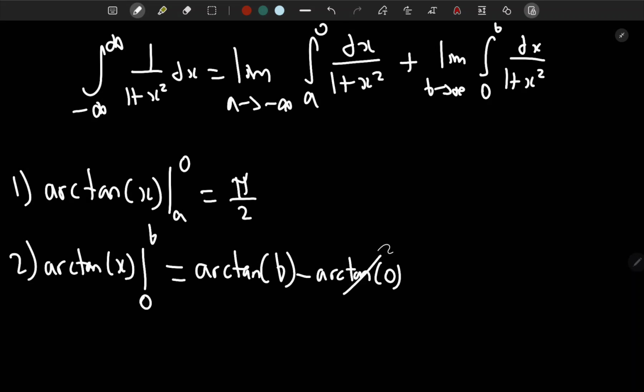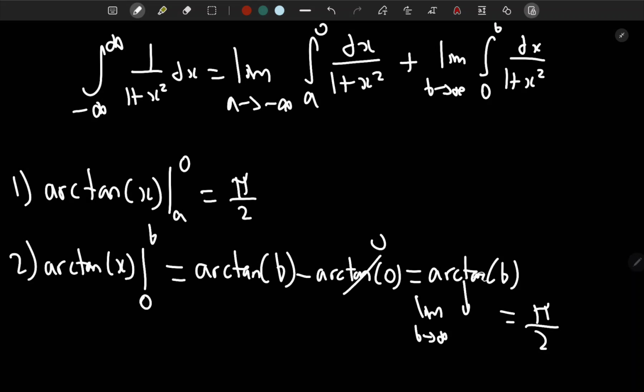So it is equal to arc tan of b, where b is approaching positive infinity, and as we mentioned before, this is going to be equal to limit of b approaching infinity, the same thing, which is pi over 2, as we mentioned before.